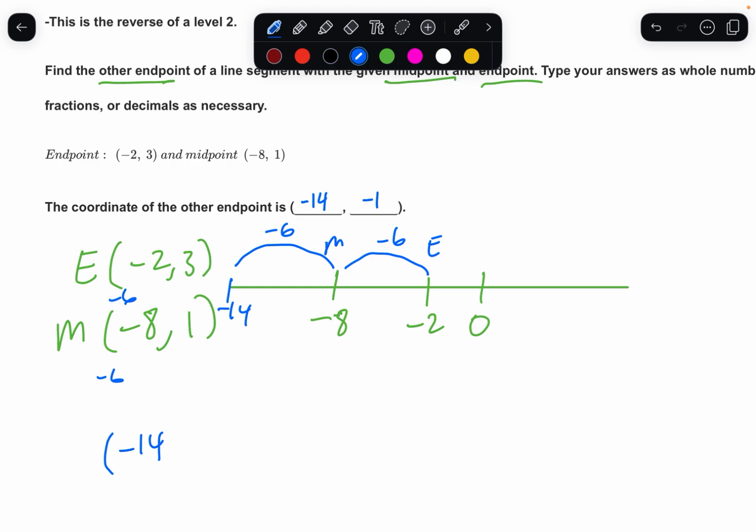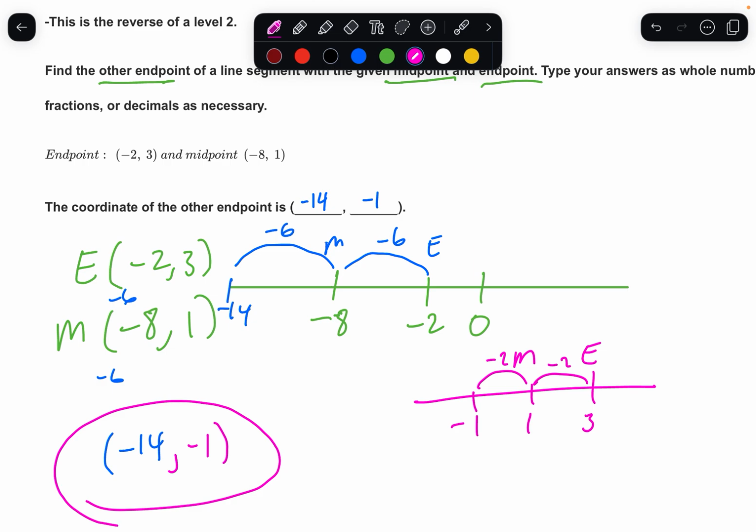Then you do the same process to the y values. If you start at 3 and you go to 1, if this is the end and this is the middle, how far did you go? You just went backwards 2. So the other end has to be backwards 2. Going to land you at -1. So that's the strategy we discussed in class on how to do a problem like that.